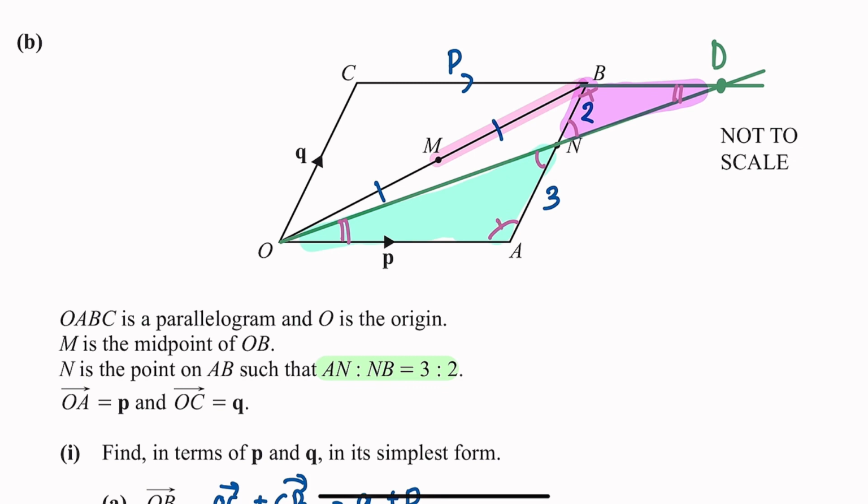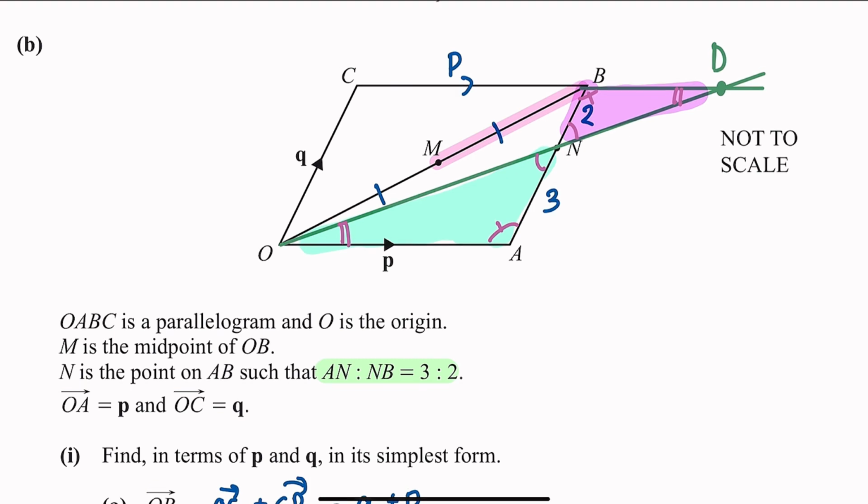Therefore, these two triangles are similar. And similar triangles have the same ratio of each length. From the question, they tell us that AN to NB is equal to 3 to 2.